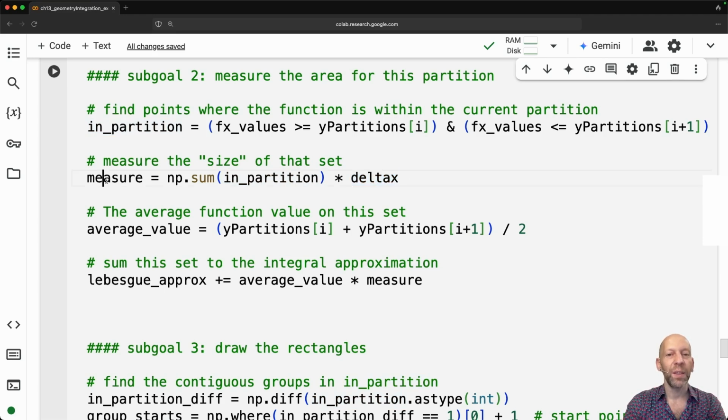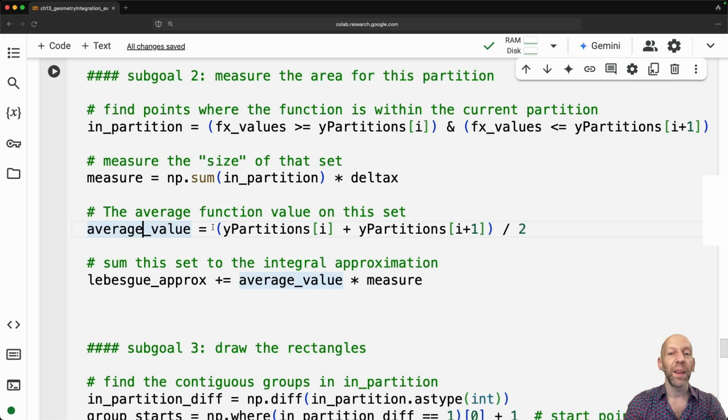This is called the measure or the size of that set. It's the set of x-axis values within each y-axis boundary. Then we just sum all of the values: the size of that set multiplied by the average of the function value.